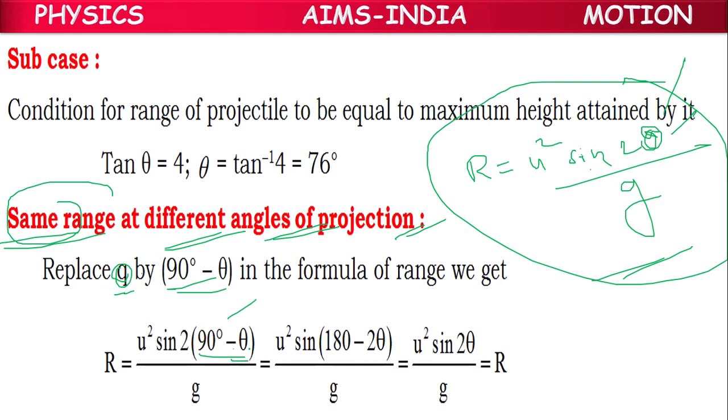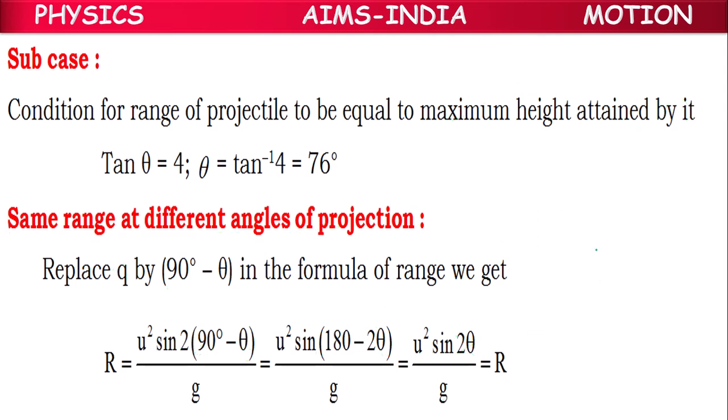Sine 2 into 90 minus theta: 2 into 90 is 180, 2 into theta is 2 theta, so 180 minus 2 theta. But in trigonometry, sine of 180 minus 2 theta equals sine 2 theta. This value also you have to remember, children. So u square sine 2 theta by g is equal to r.